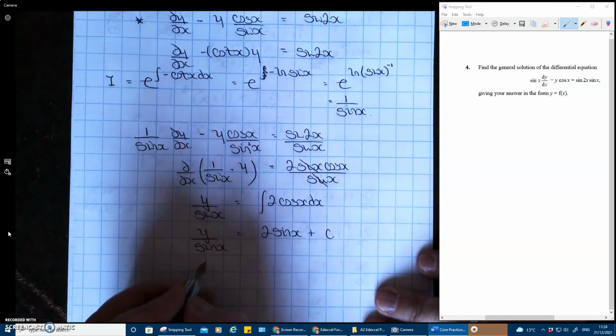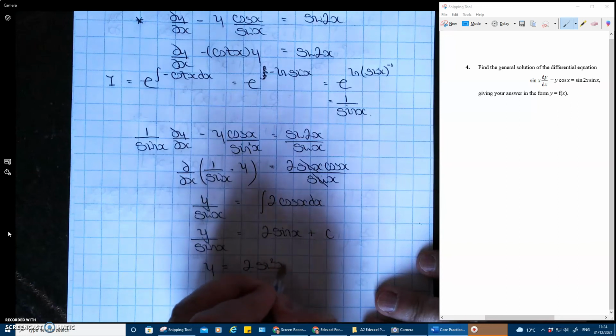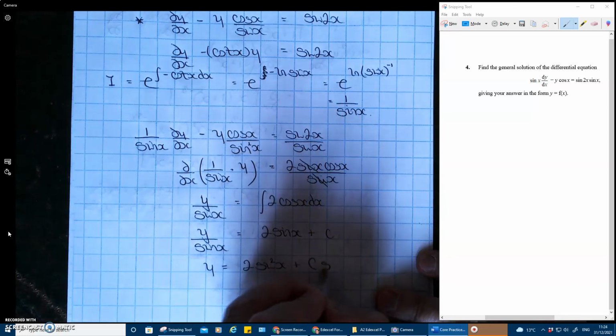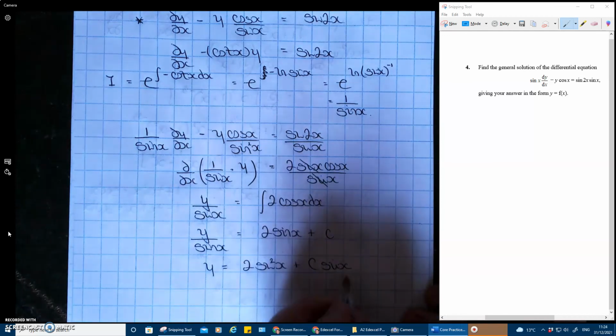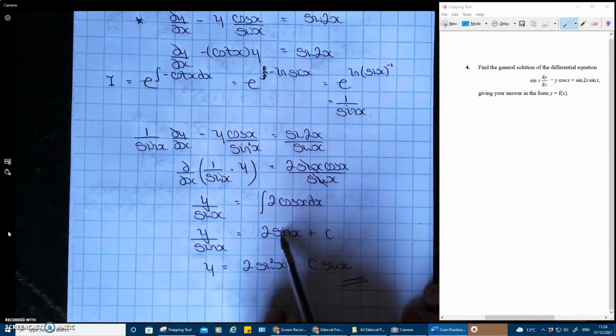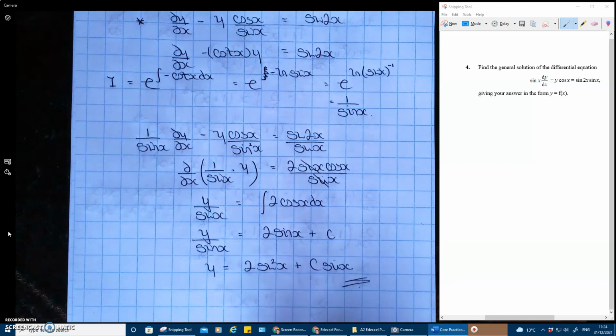Multiply both sides by sine x, so y equals 2 sine squared x plus c sine x. Okay. Finished. Be careful you don't do all the rearranging and then add the c on the end. As soon as you've done the integration, add the c on and then do the rearrangement.